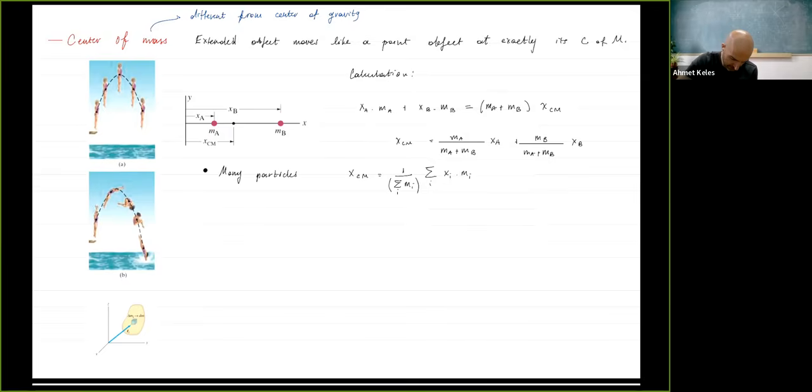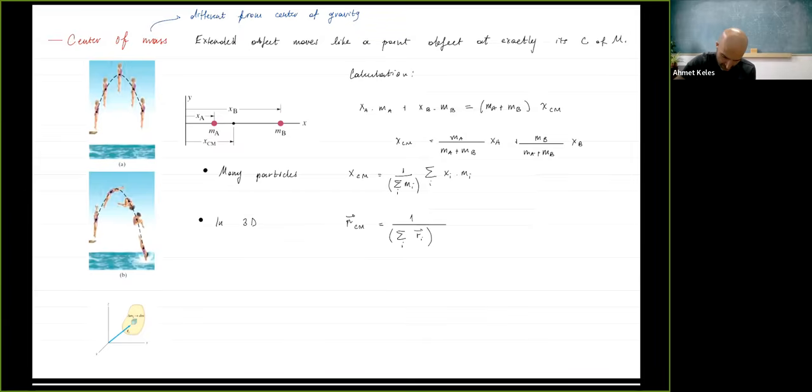And it doesn't even have to be in 1D. In, for example, 3D, you can think of some R center of mass, which is going to be equal to exactly the same thing. Sum over all i of Ri... sorry, what am I doing?